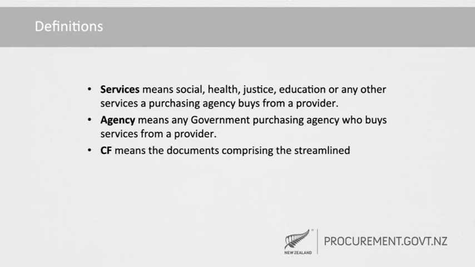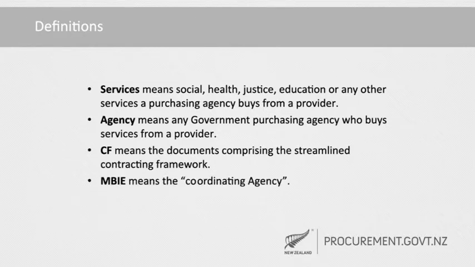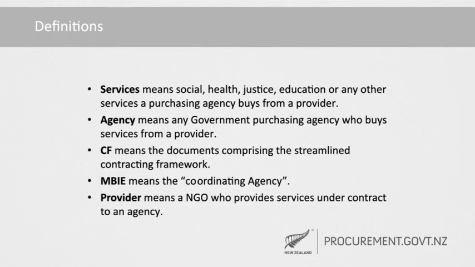CF means the documents comprising the Streamlined Contracting Framework. MBIE is the short form name of the Ministry of Business, Innovation and Employment. When we use MBIE during this presentation, we're talking in the context of MBIE's role as a coordinating agency. And finally, when we use the term provider, we mean an NGO who provides services under contract to an agency.